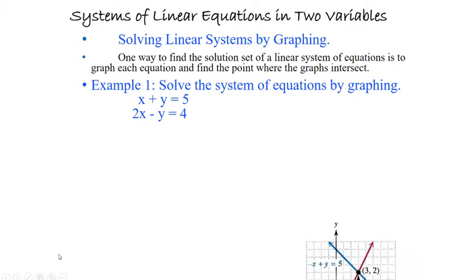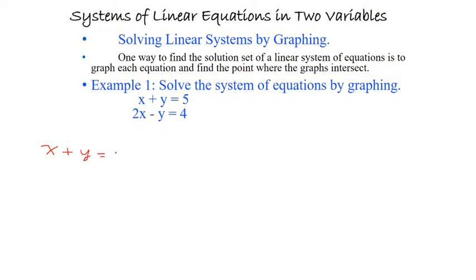So what I'm going to do is take each equation and put it in slope-intercept form, and then I'm going to graph it. If I take the first equation, x plus y is equal to 5, I'm going to solve for y because I want to put it in the form y is equal to mx plus b.